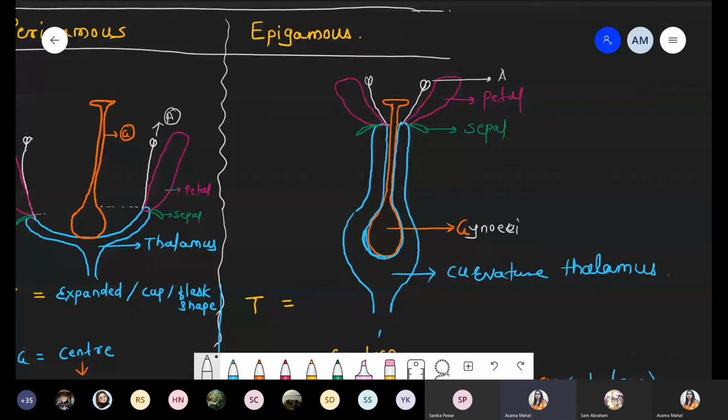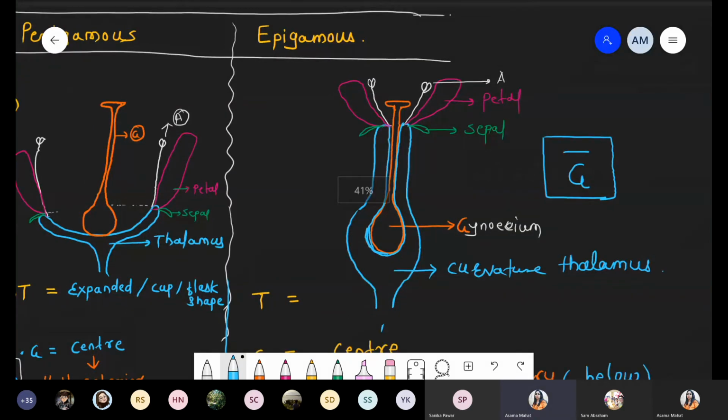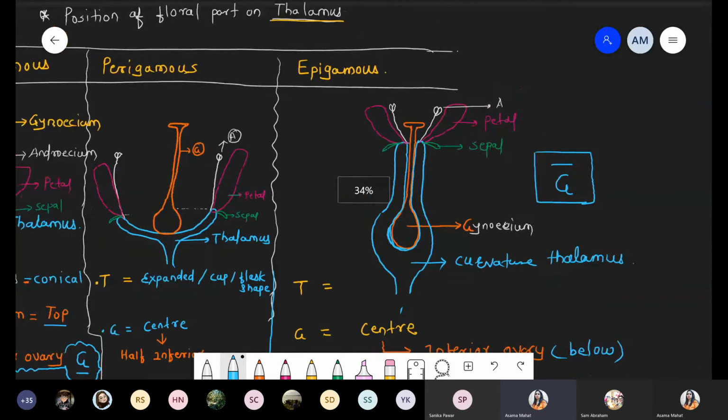But remember, we just discussed, in this condition the ovary or gynoecium is inferior, and inferior is represented by capital G with a bar above the head. Such a structure is called the epigynous condition. Epi means above. The thalamus has completely covered the ovary part. Epigynous condition. Got this point?